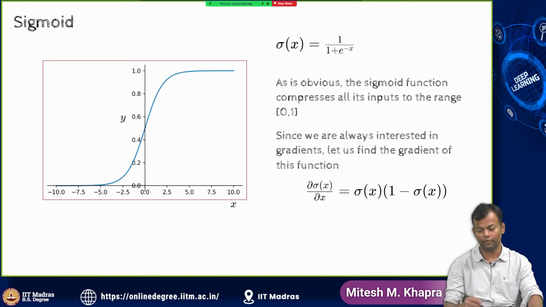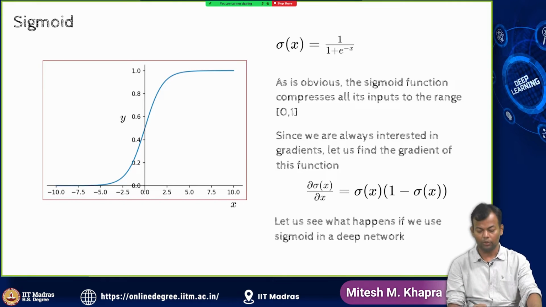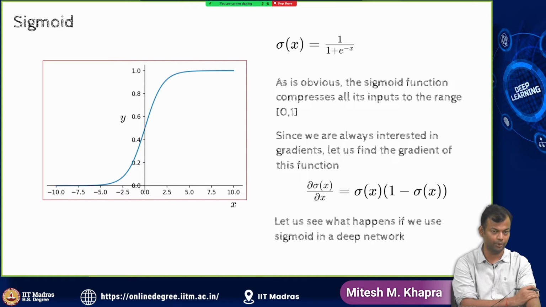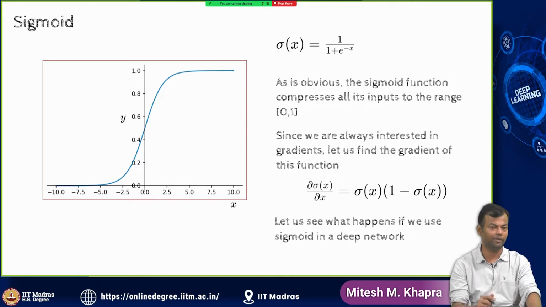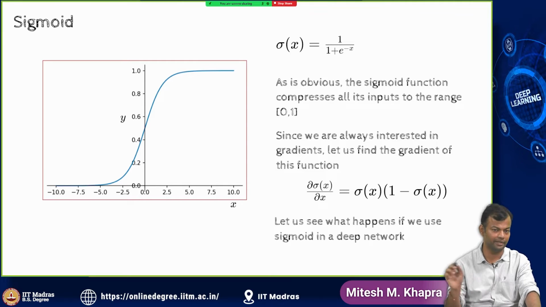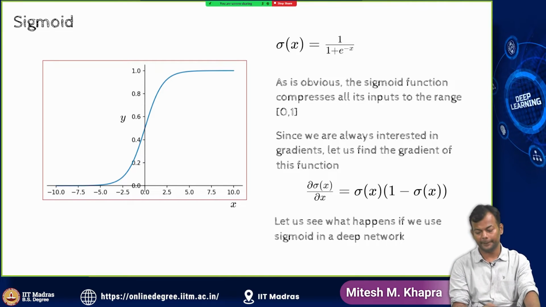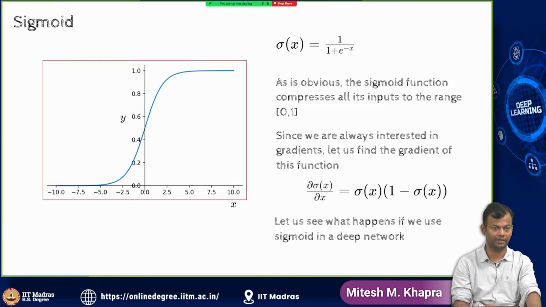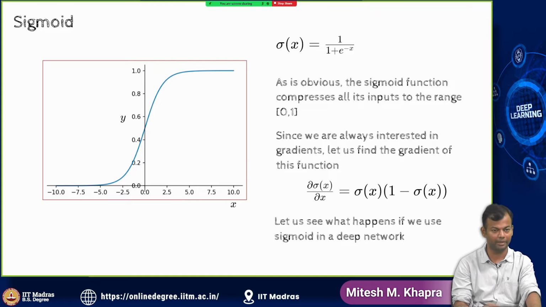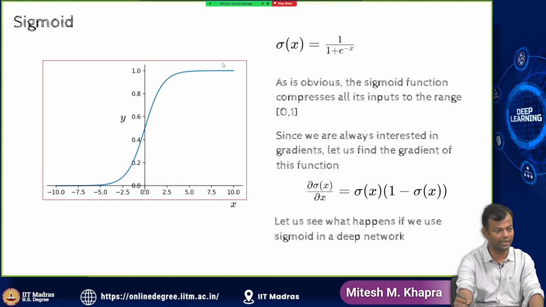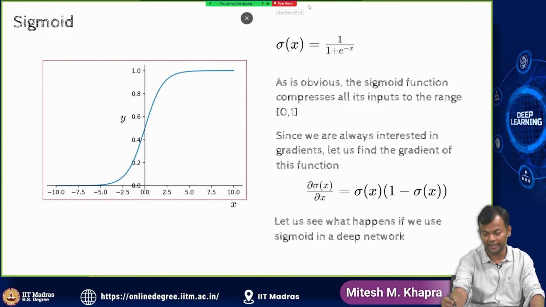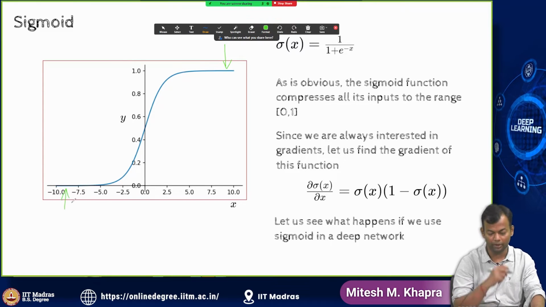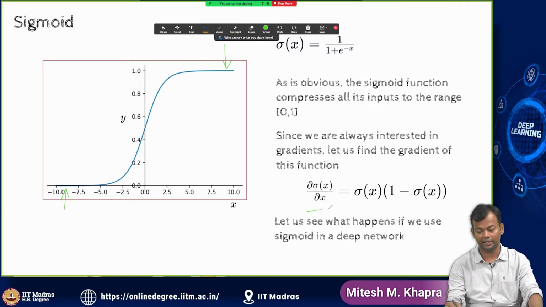Now let's focus on this formula. What could happen if we use sigmoid in a deep neural network, given this gradient? In particular, note that at the extremes, when the sigmoid neuron saturates, what do I mean by saturate? It takes its maximum value, which is 1, or its minimum value, which is 0, or close to 0. In those cases the gradient vanishes.